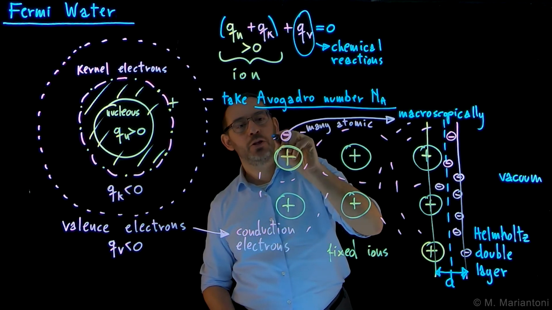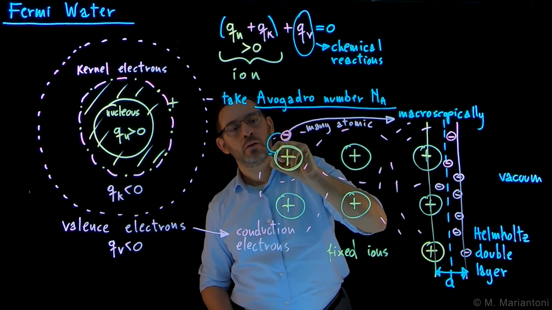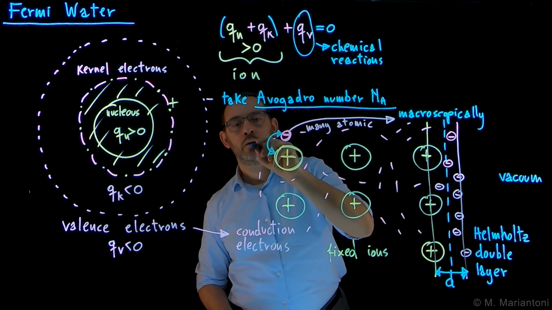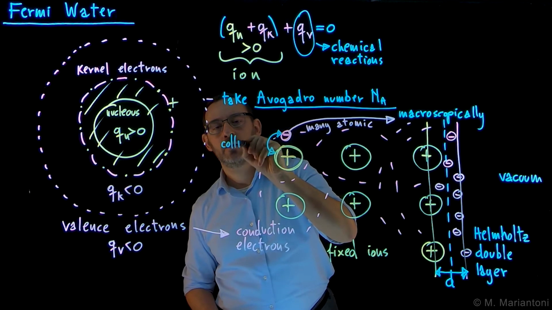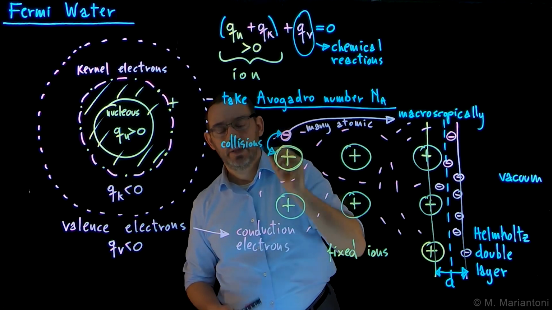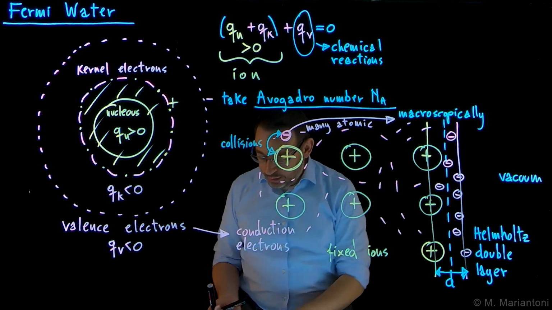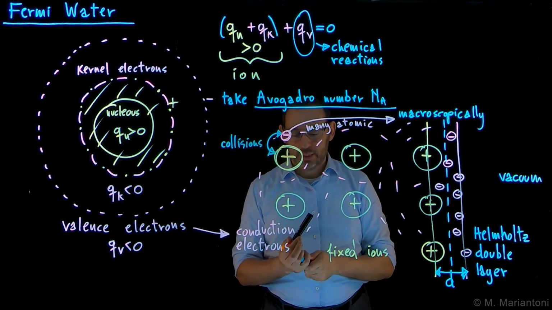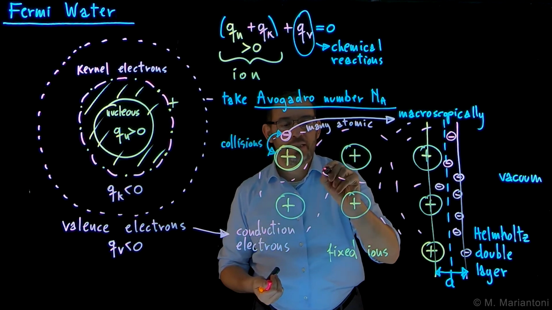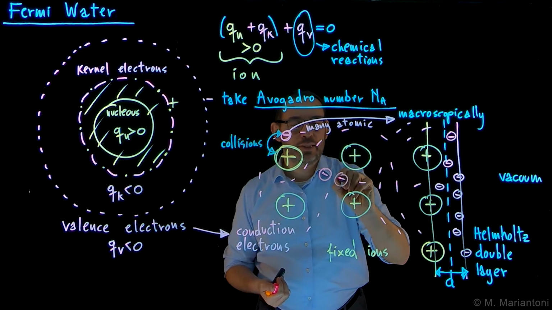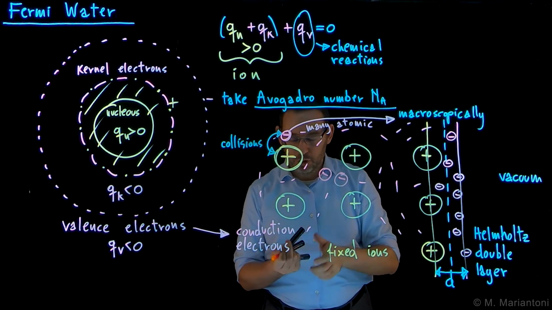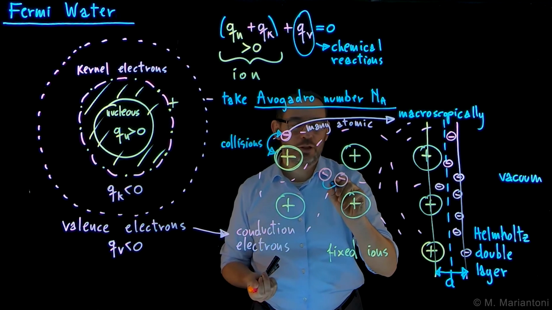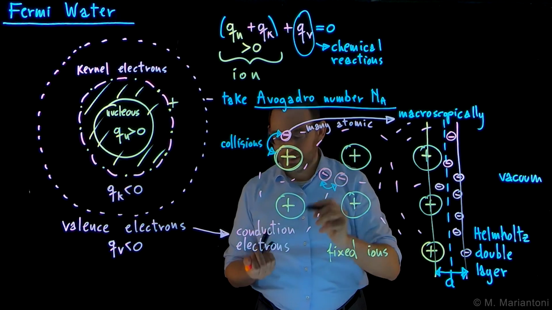There can be this type of collision. These are collisions. There can be a collision between negatively charged particles that encounter each other. For example, this negative particle can encounter this negative particle, and there can be a negative-negative collision. So this is the second type.